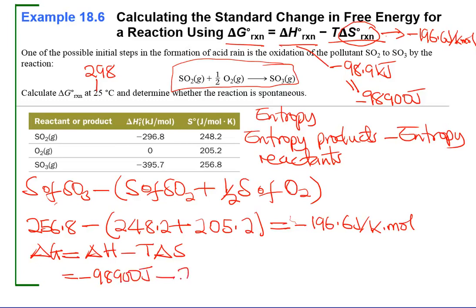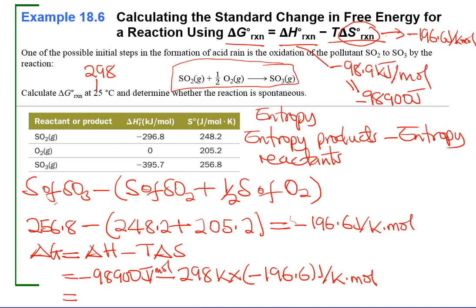Then the T is 298 Kelvin. The delta S is minus 196.6 joules per Kelvin per mole. So this one is kilojoule per mole. This one should also be joules per mole.